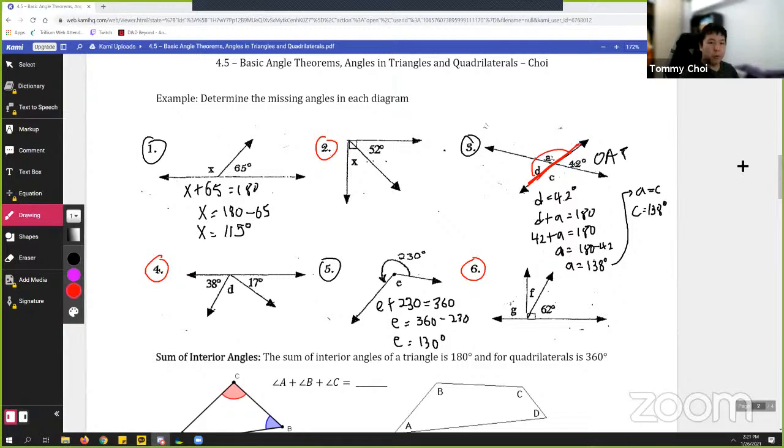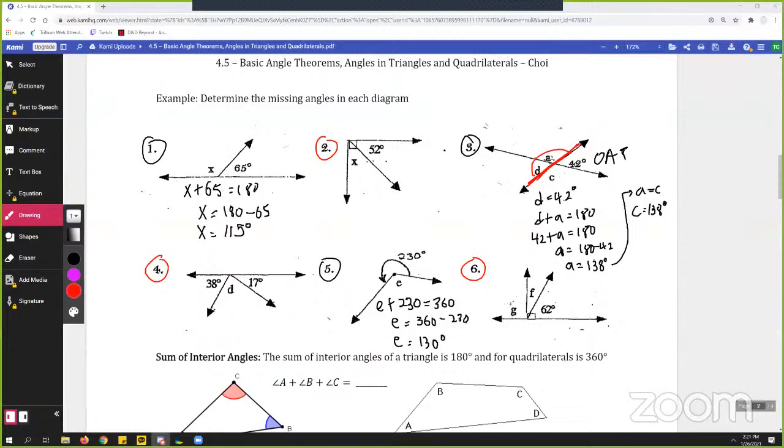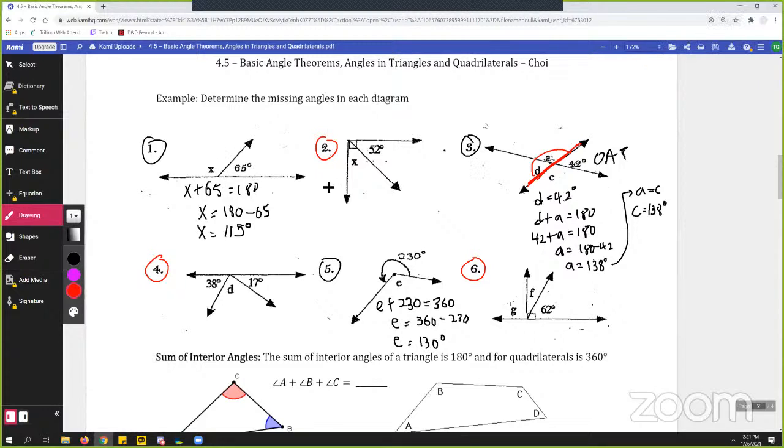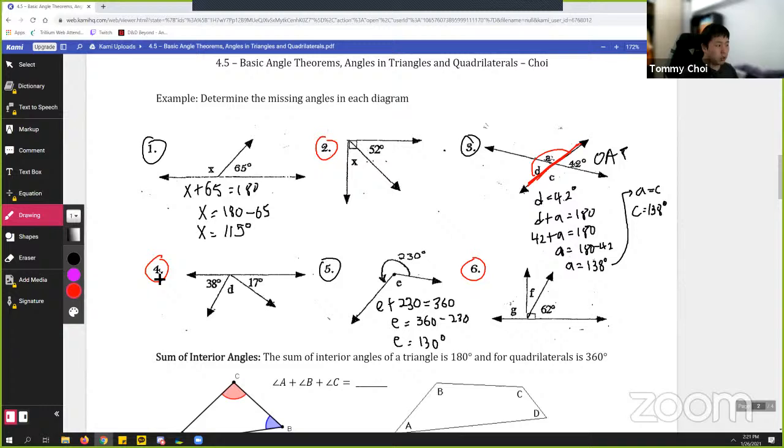Okay, time is up. Does anyone want to give me the answer for number 2? Yeah, I have an answer. Okay, Sino, what's the answer? So you should 62 plus 90, and it's going 152. 152 minus 180, it should be 38. Are you doing question 2 or 4?